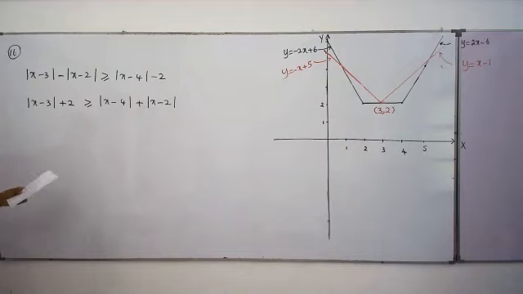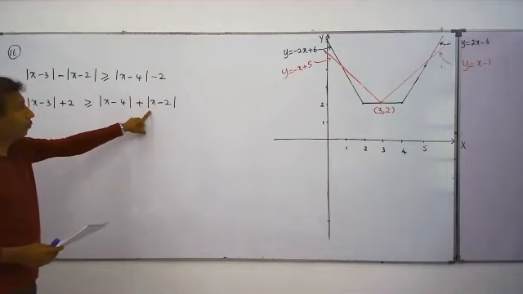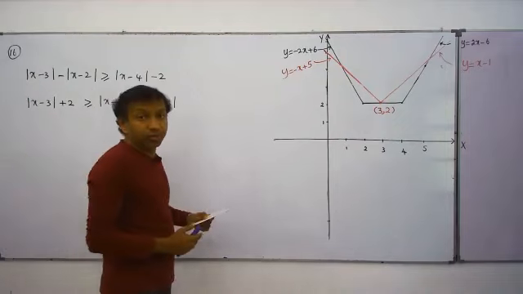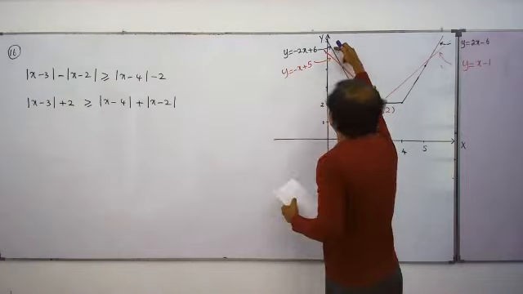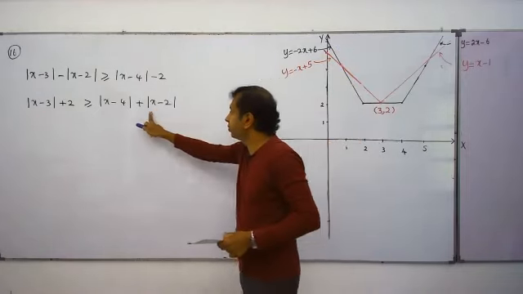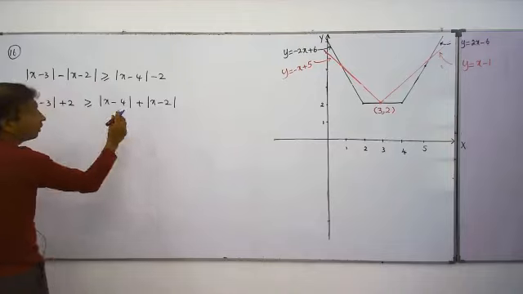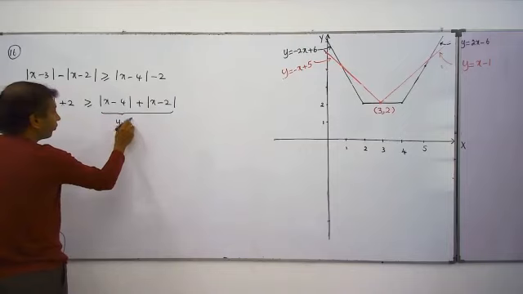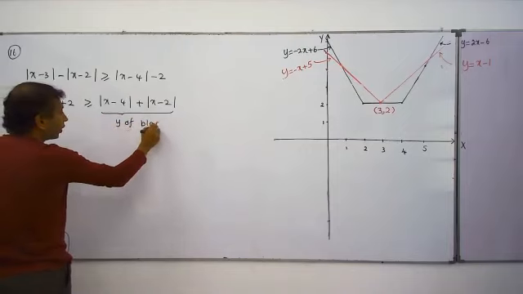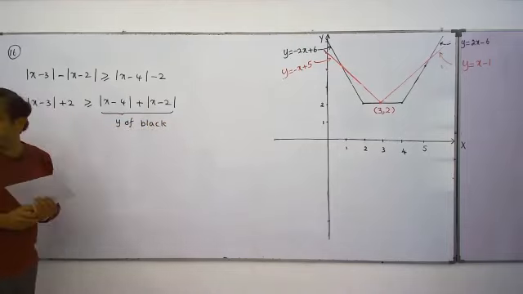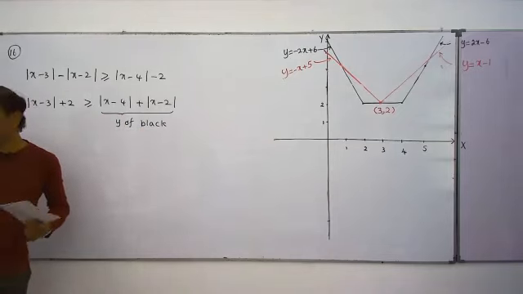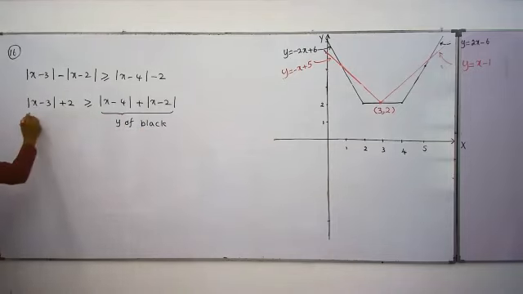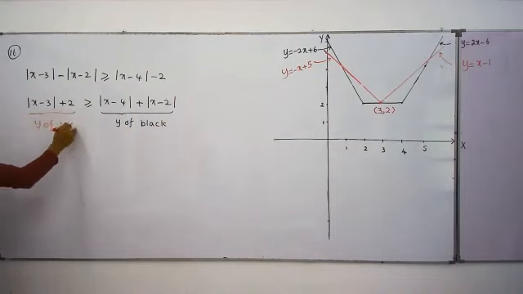Okay, now we have obtained mod x minus 4 plus mod x minus 2. Is this the black graph, people? The equation of the black one is only this. This is the y of black. Right? This is the y of red.